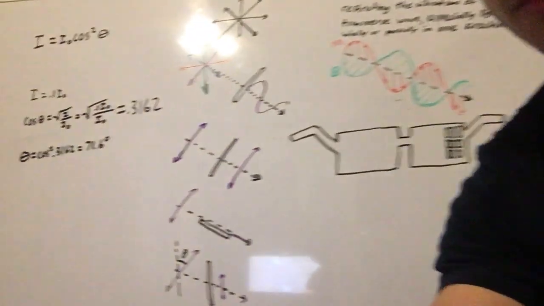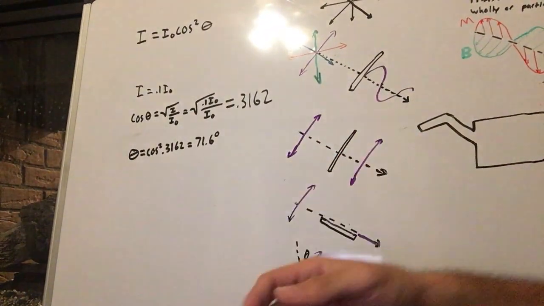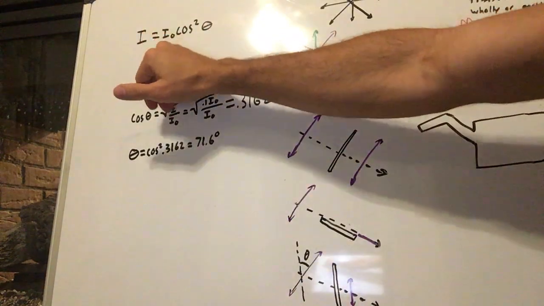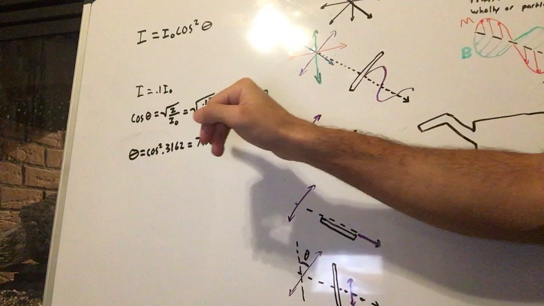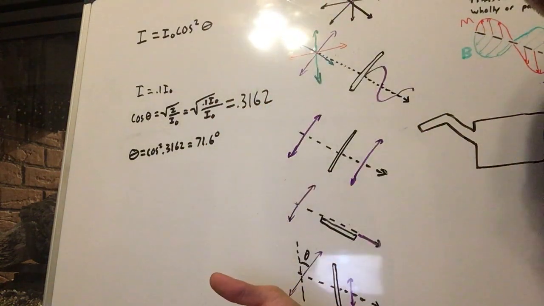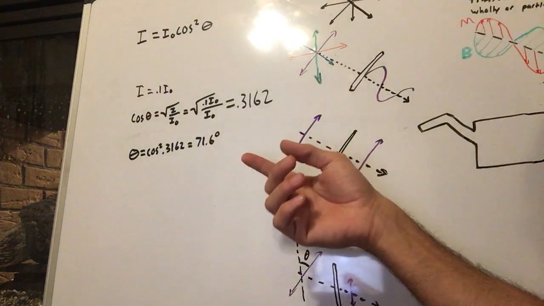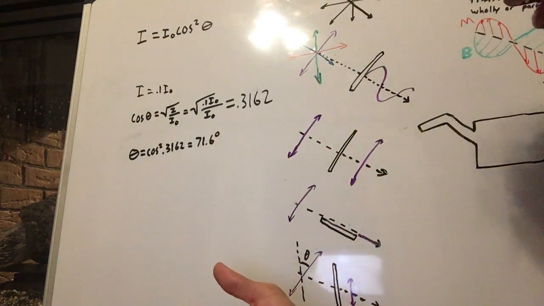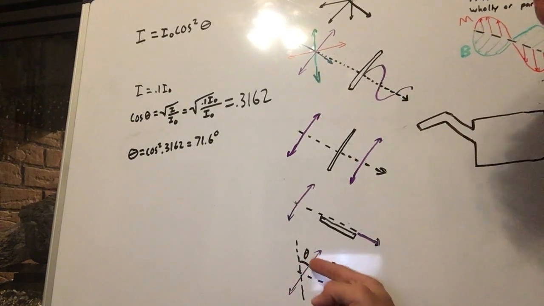Let me go over here. This is the equation we use: I = I₀ cos²θ. I is the resultant light, the leftover light, I₀ is the original light you have, and θ is the angle right here.